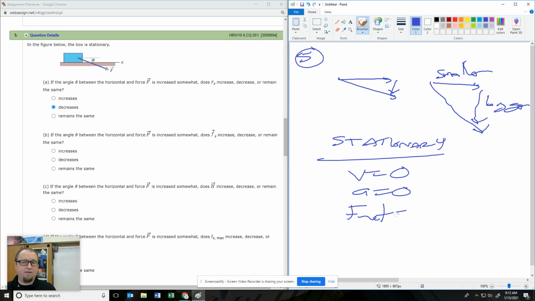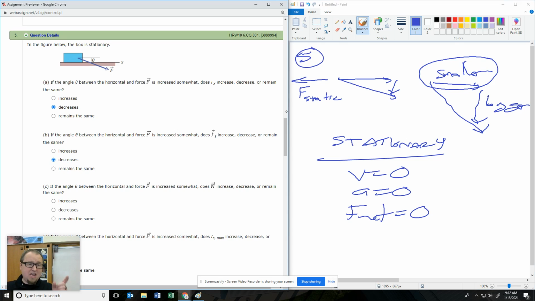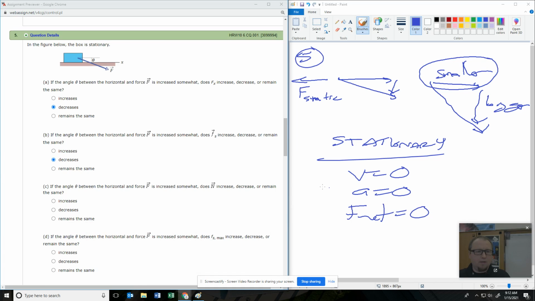So you have an F net of 0. So that means this forwards force equals that friction. So this is your static friction. Well, if you made that forwards force smaller and it still doesn't move, what does that mean about your static friction? It's going to be the same as that forwards force, but since the forwards force got smaller, it gets smaller too.